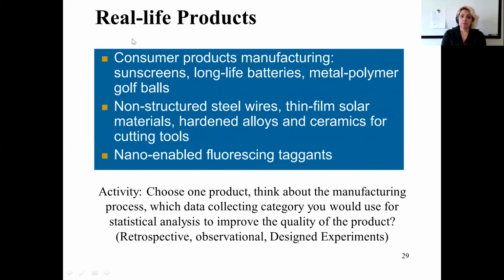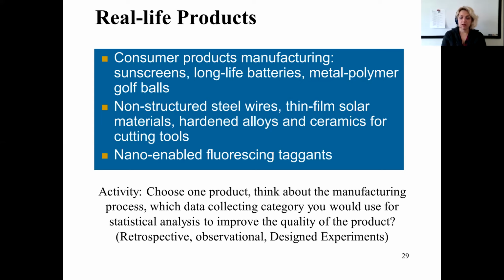These are some examples that I want you to work on by yourself, because right now we know what the retrospective, the observational, and the design experiment are. I would suggest that you choose one of these products and think about its manufacturing process, and then think about what type of data gathering you would suggest. Just as an activity, think about what the outcome will be.